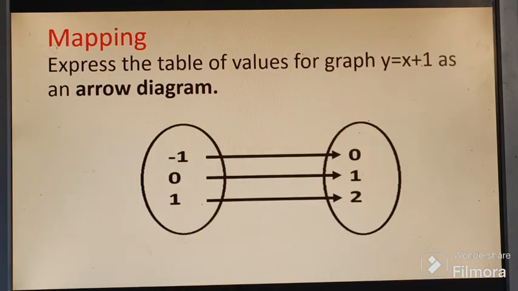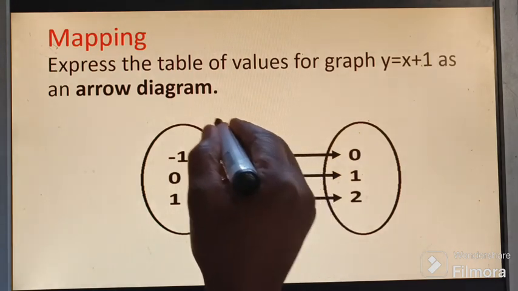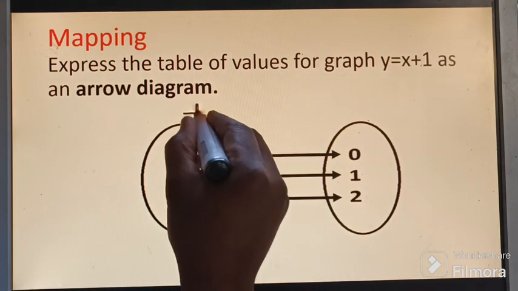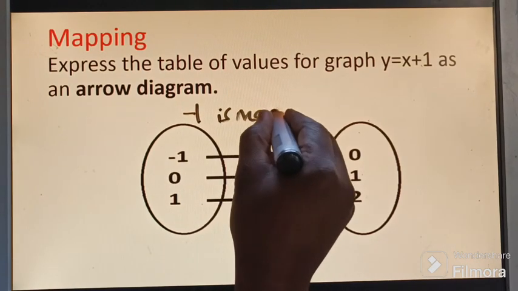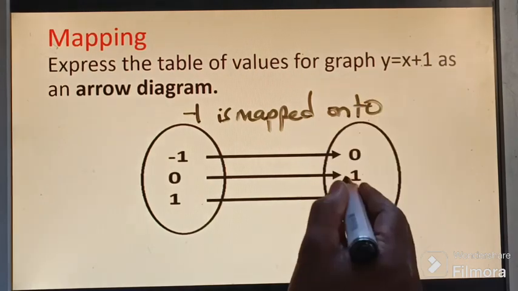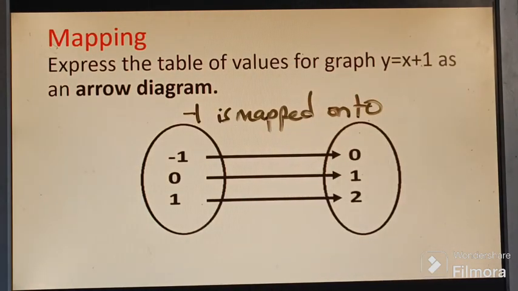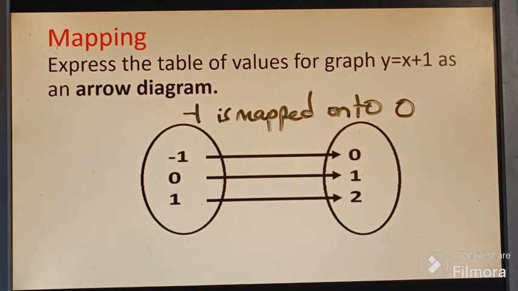So back to this example. We can say this arrow is also saying -1 is mapped onto 0.